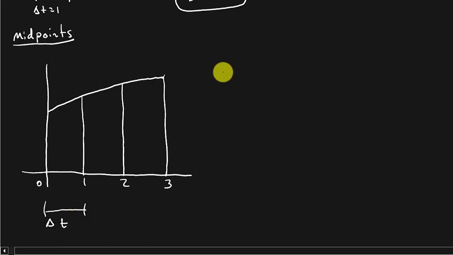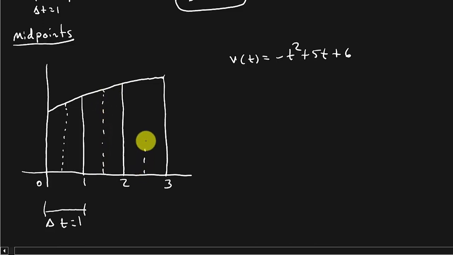The width is delta t equals 1, and our function is v of t equals negative t squared plus 5t plus 6. All right, well, we're using midpoints this time. So that means we go to the midpoint of the intervals. And so this is what our rectangles are going to look like this time.